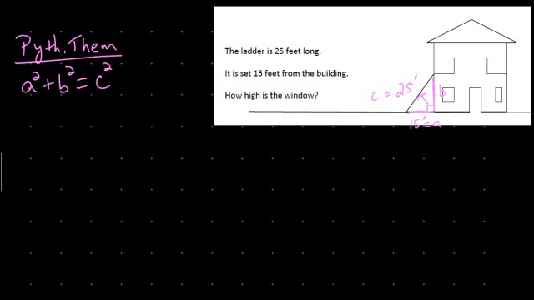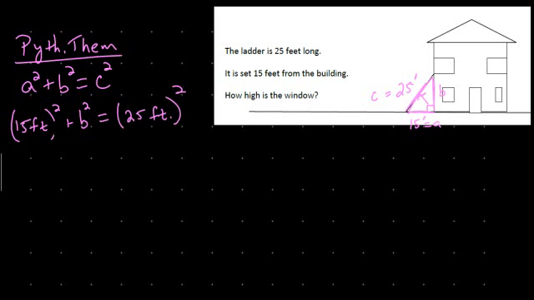Okay? So for us, we know that our A is 15 feet, squared, plus B squared equals, and C, our hypotenuse here, is going to be 25 feet. Okay? And so now we just start doing things.